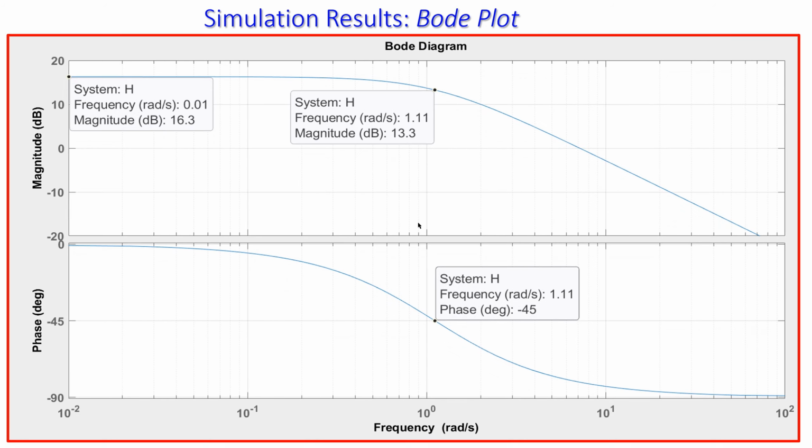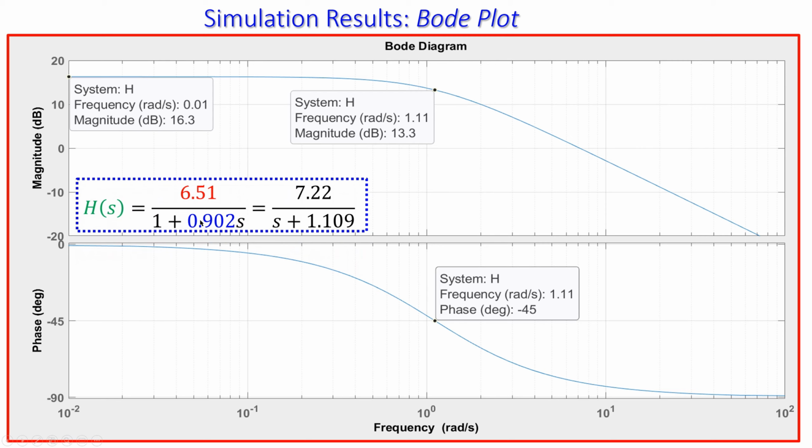Of course, let's also check that in the Bode plot or Bode diagram. What we see is the following. This is our transfer function again, rewritten in a different form, which will be helpful in this case. We also have this expression previously determined, and we can see the pole directly at minus 1.109.